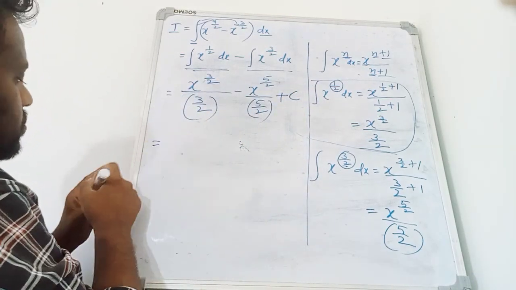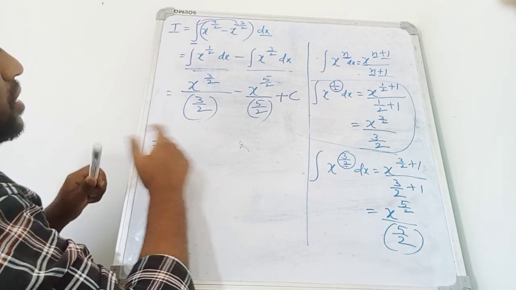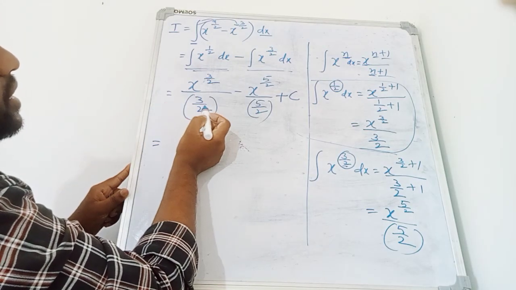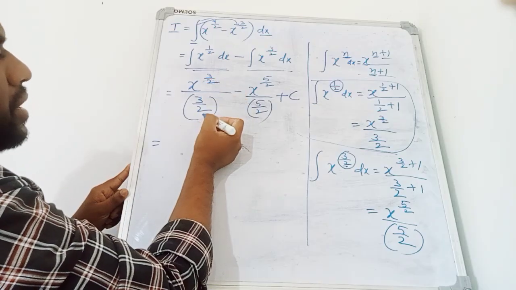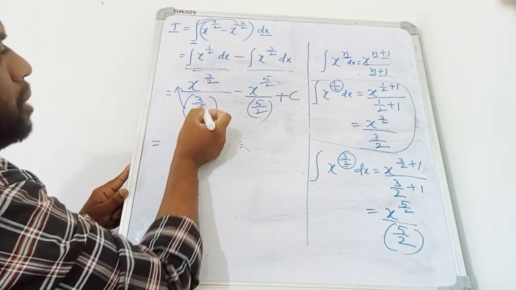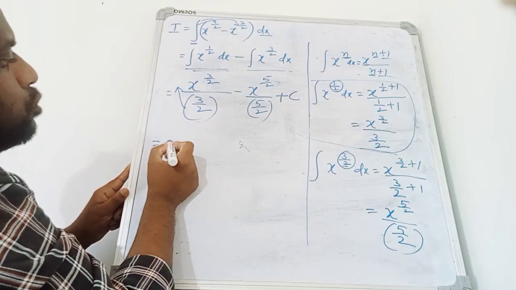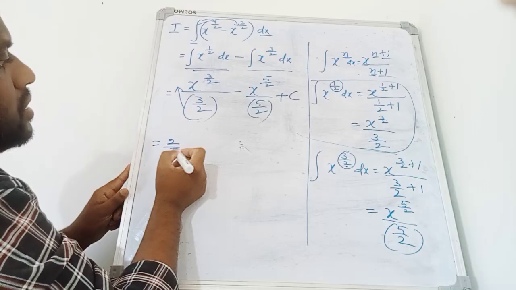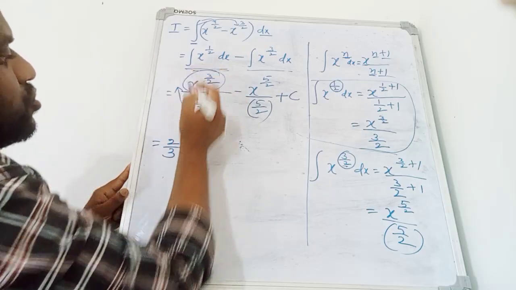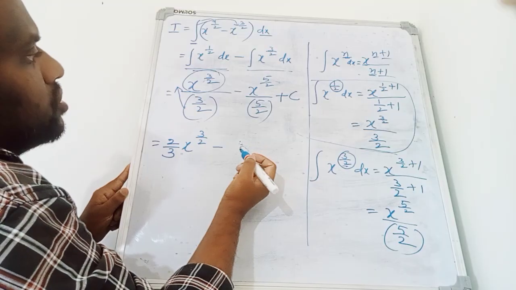Now, this 3 by 2 is in the denominator. I will bring this to the numerator. When 3 by 2 is brought to the numerator, it becomes 2 by 3, so 2 by 3 times x to the power of 3 by 2. Next minus.